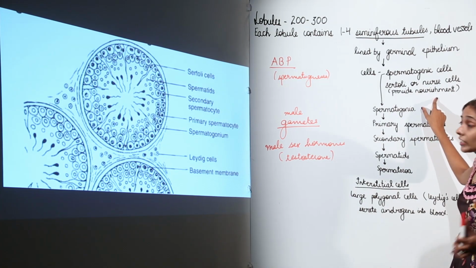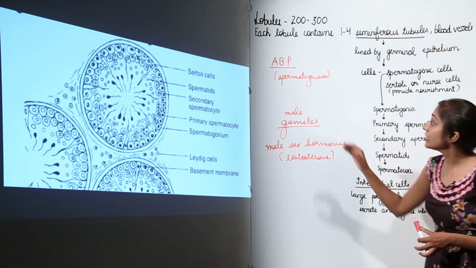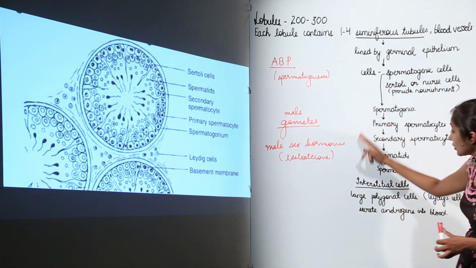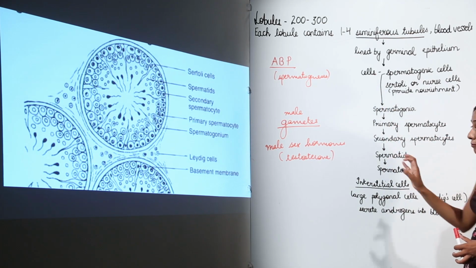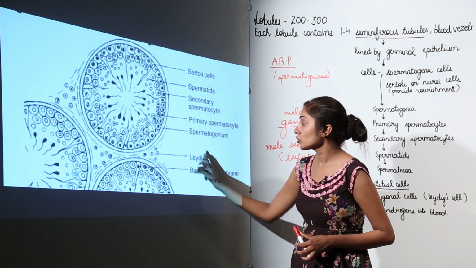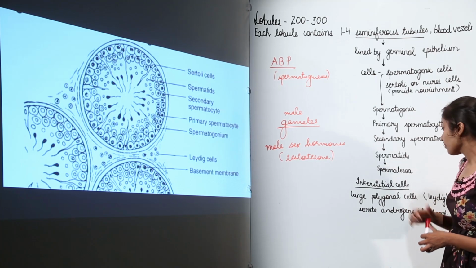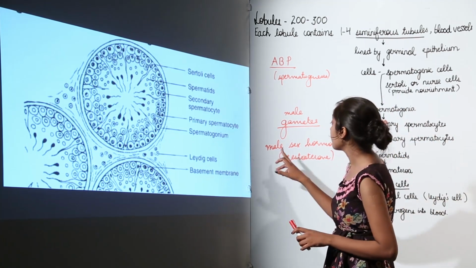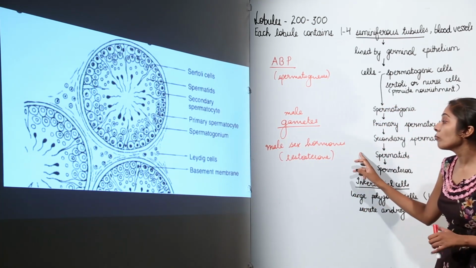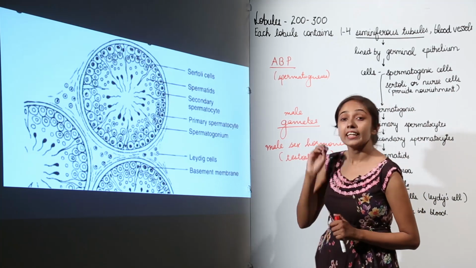With that, they also secrete ABP, that is androgen binding protein, which helps in spermatogenesis, means the whole process of the formation of the sperms. And then in between we have Leydig cells, which we also call the interstitial cells. These are large polygonal cells and they secrete androgens into the blood. What are androgens? Androgens are the male sex hormones, and that male sex hormone is majorly testosterone. So this is a function of the Leydig cells.